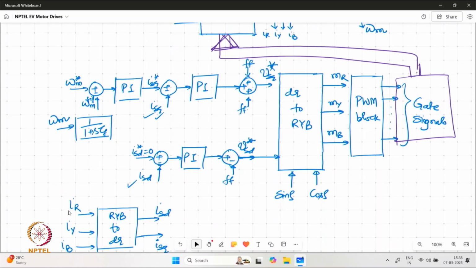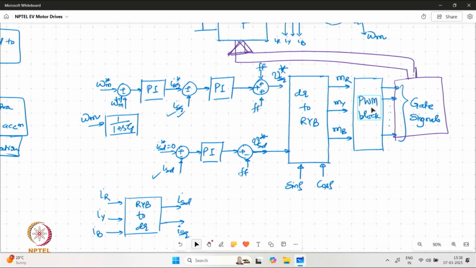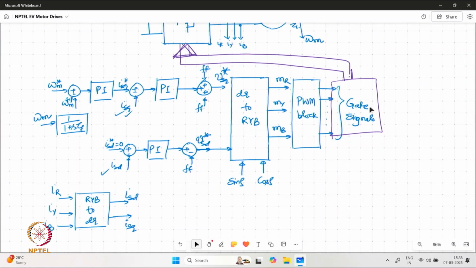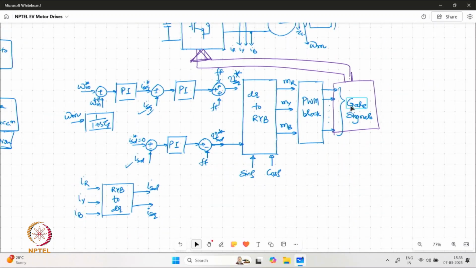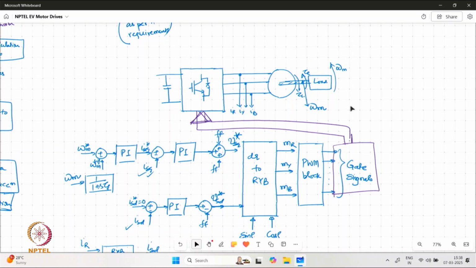So this is how we can realize the vector control, whether in simulation or on hardware.